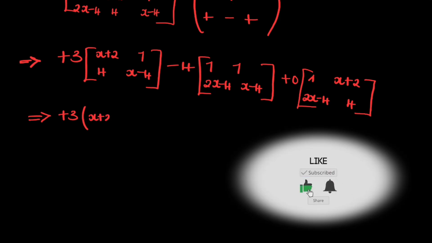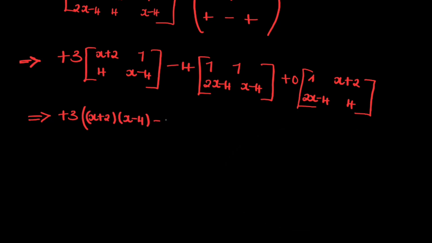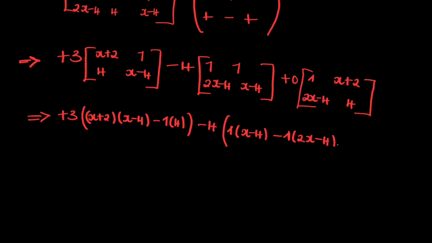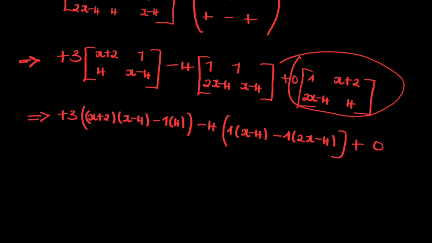So x plus 2 into x minus 4 minus 1 into 4, minus 4 now into 1 times x minus 4 minus 1 times 2x minus 4, plus 0. 0 times anything would give you 0, so we eliminate this, and that is why I chose 0, to make things easier. So now we simplify.